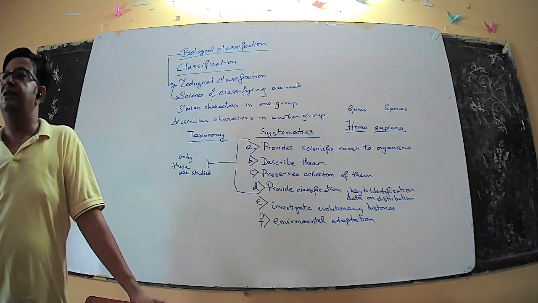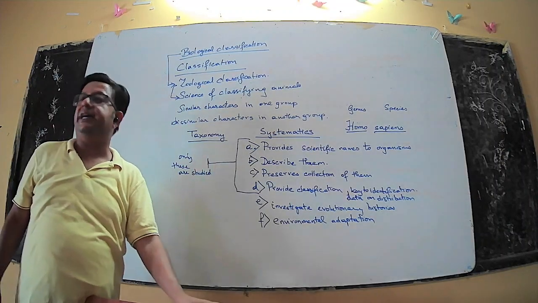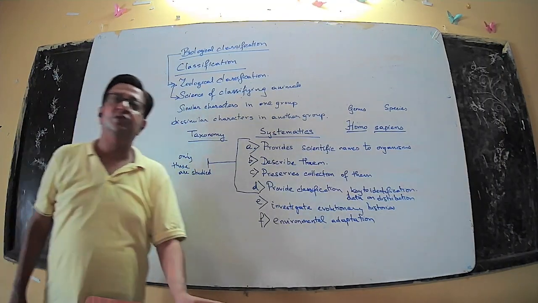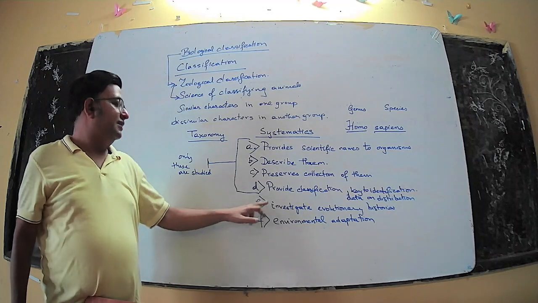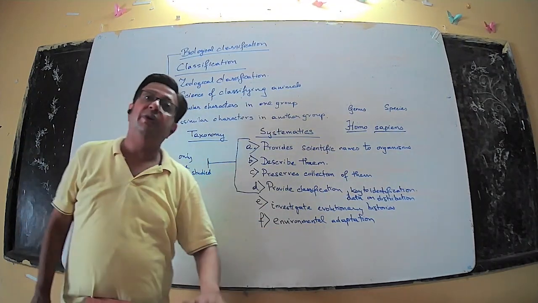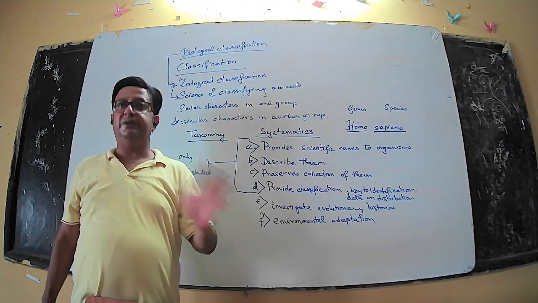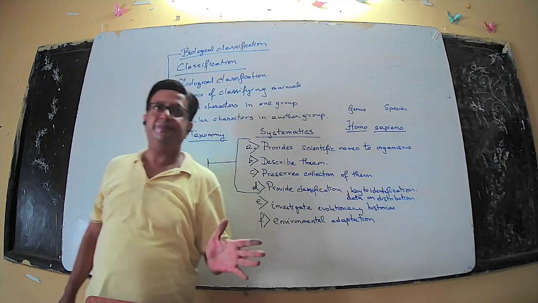That's all. Taxonomy ends. Formerly people used to study taxonomy, but nowadays you have to investigate their evolutionary history and what is their environmental adaptation. So this is the difference between taxonomy and systematics.